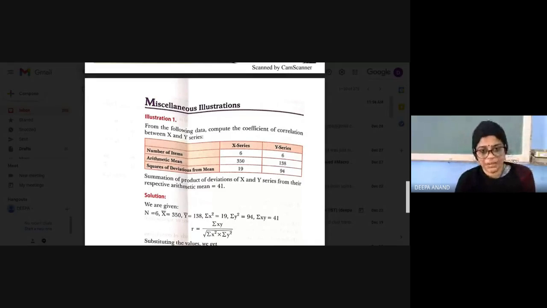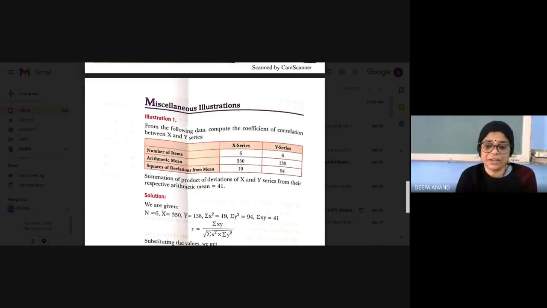Squares of deviation from mean: sigma x square is equal to 19, and in the y series, sigma y square is equal to 94. Then the product of deviation, sigma xy, is equal to 41. So these are the information given.